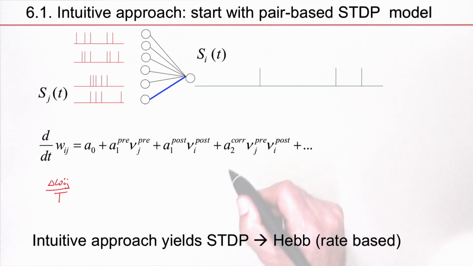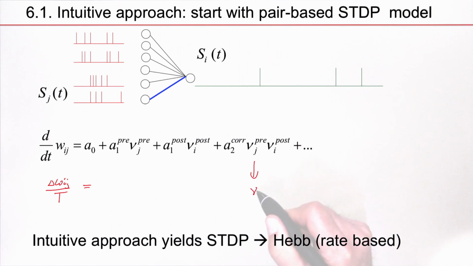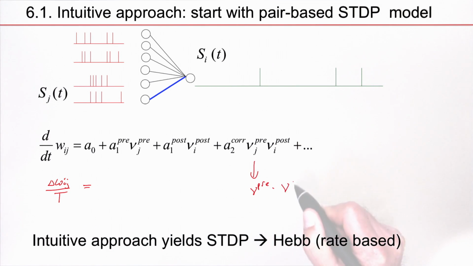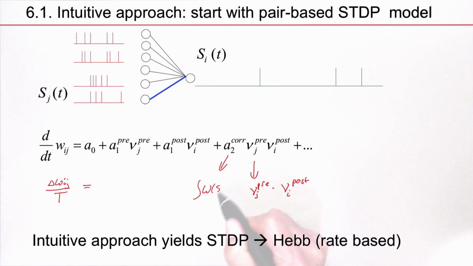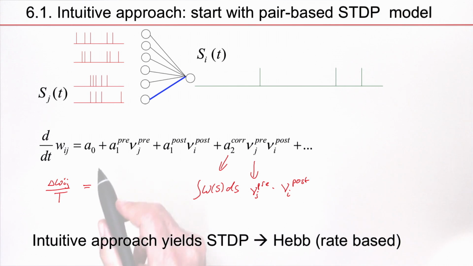And this weight change is proportional to the presynaptic rate, proportional to the postsynaptic rate, and proportional to a constant, and this constant is just the integral over the learning window. The other terms don't play a role at this stage of the argument.